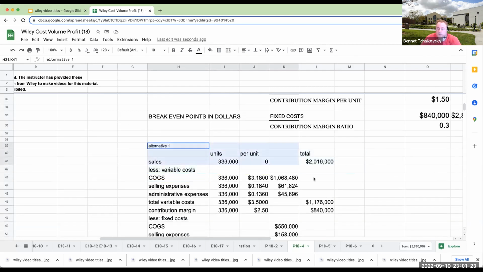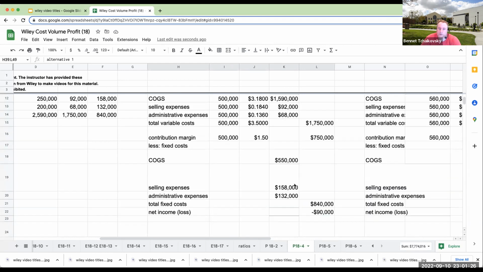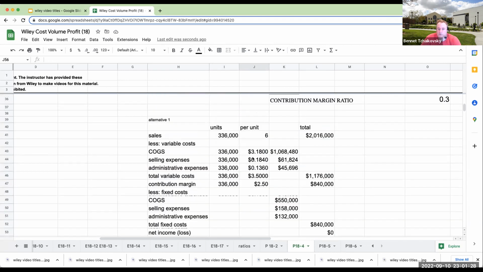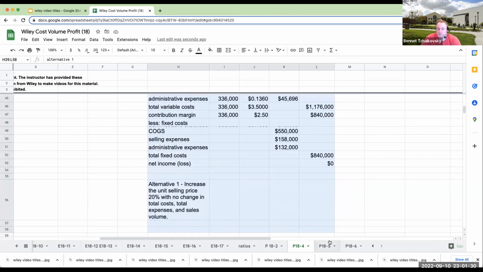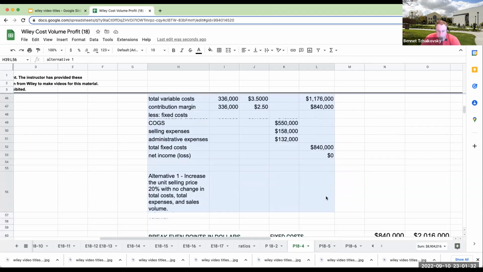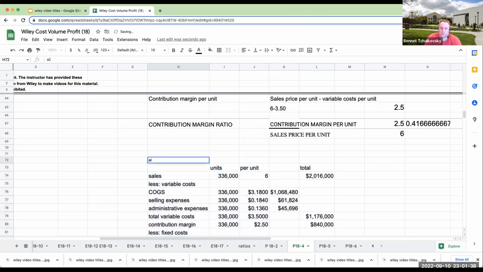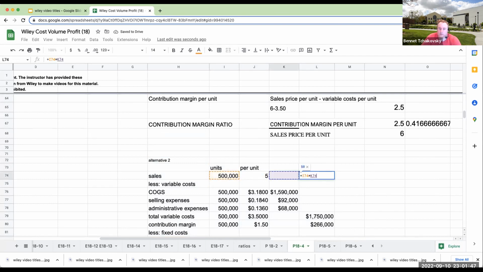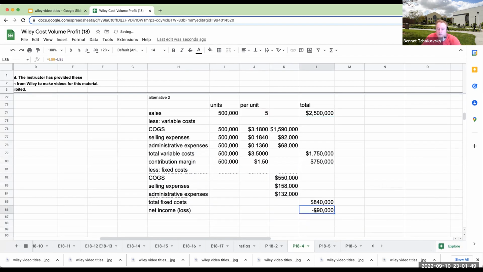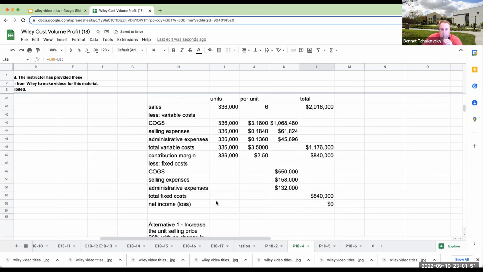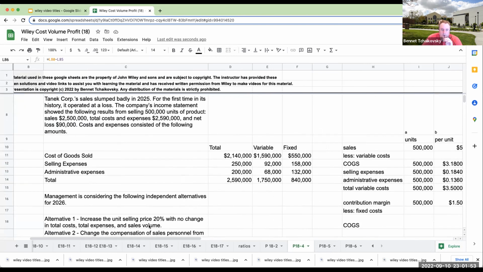Let's take a look at alternative 2, and let's change this back. What does alternative 2 say?